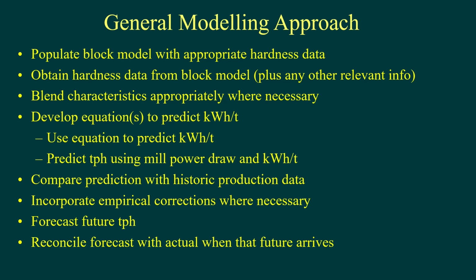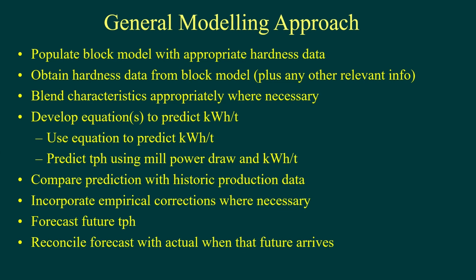So we start initially, of course, we need to populate our block model with appropriate hardness data. We then need to, from that block model, obtain hardness data from block to block to block. And we can also look at obtaining other relevant information that might be stored in the block model. And I'm going to talk a little bit about what that other relevant information might be.